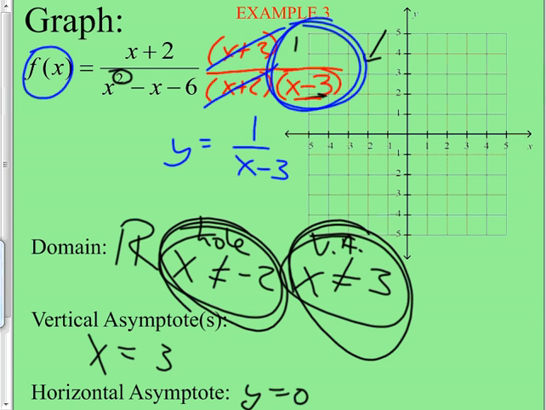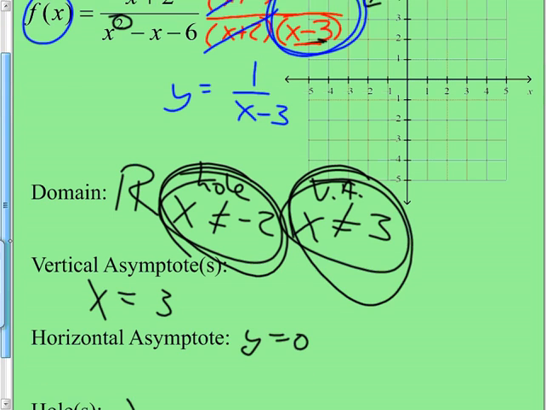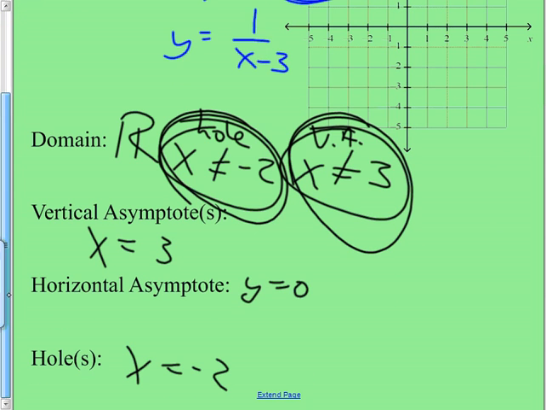So then, if our hole, in this case, was at negative 2, then the hole was really at negative 2 comma what? Don't say it. Figure it out. Tell me where to put that negative 2.